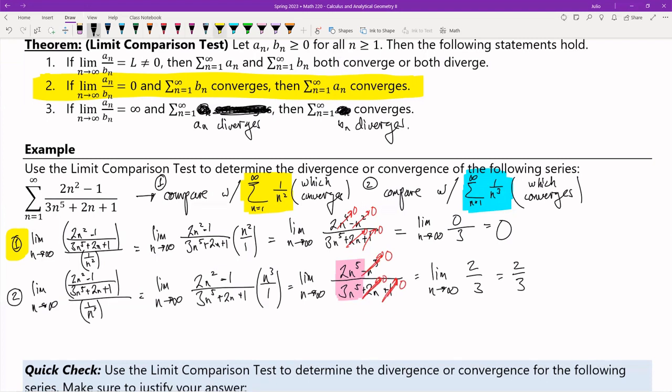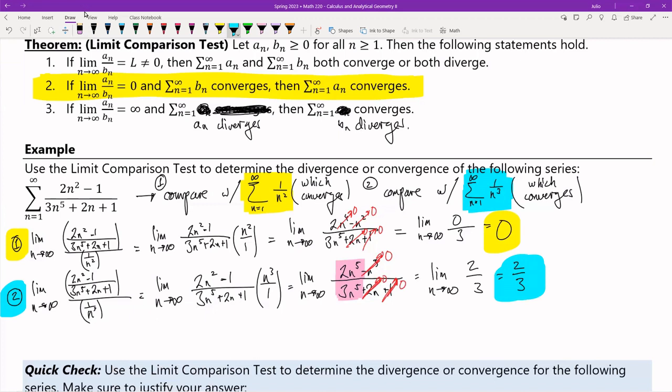Okay, so in the first one, we got 0, in which we sort of executed the second option of the limit comparison test. Since our limit is 0 and the bottom one converged, then the top one has to converge as well. In number 2, we got 2/3.